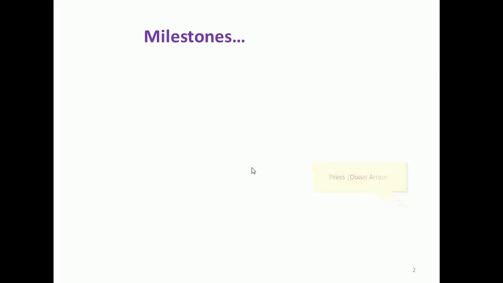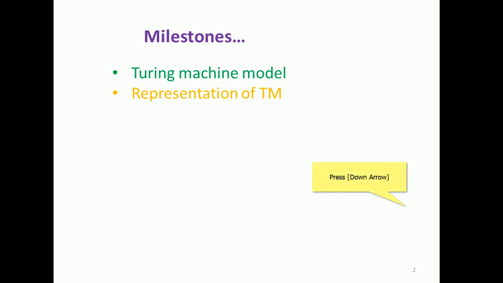We are going to discuss the Turing machine model as the first component of this presentation milestones. Followed by that, we are going to discuss the representation of the Turing machine model, how to describe and enumerate it with the different dimensions practiced in the finite automata theory, deterministic finite automata theory, push-down automata theory, and various theories that support discussing this deterministic Turing machine model.